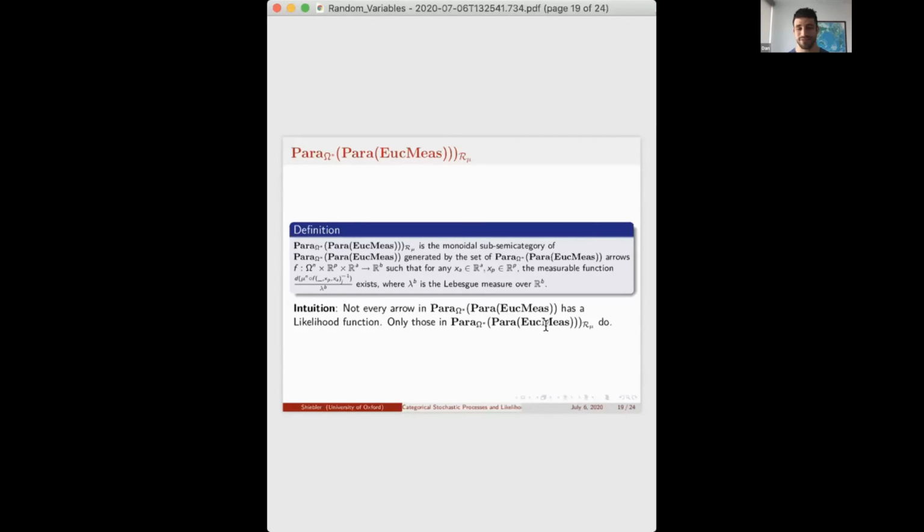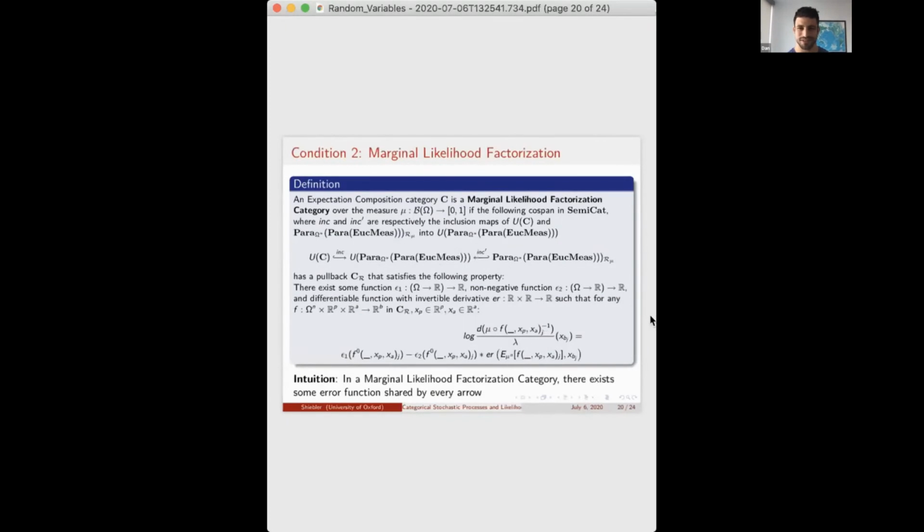Most critically, any of the identity arrows in para-para-Eukmez do not have associated likelihood functions because their push forwards are Dirac measures. And so for this reason, our para-para-Eukmez R is actually a monoidal sub-semi-category rather than a subcategory. But that's not tremendously important because we could do the structure that we need within semi-cat rather than cat in order to pick out the set of arrows that we're interested in.